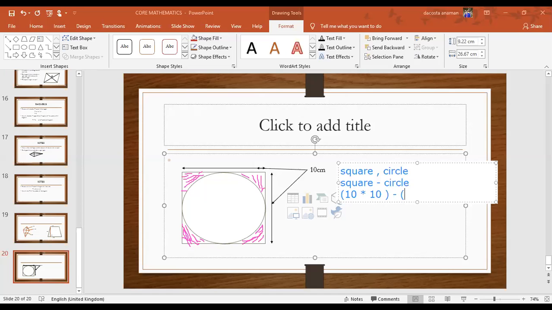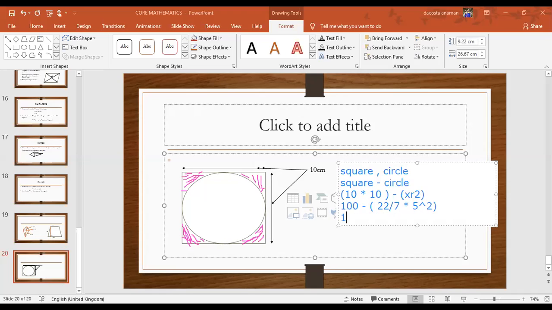Pi r squared. So we'll be having 100 minus our pi, which is 22 over 7, by our r. Our diameter is 10 centimeters. Therefore, our radius will be what? 5 centimeters. 5 squared.